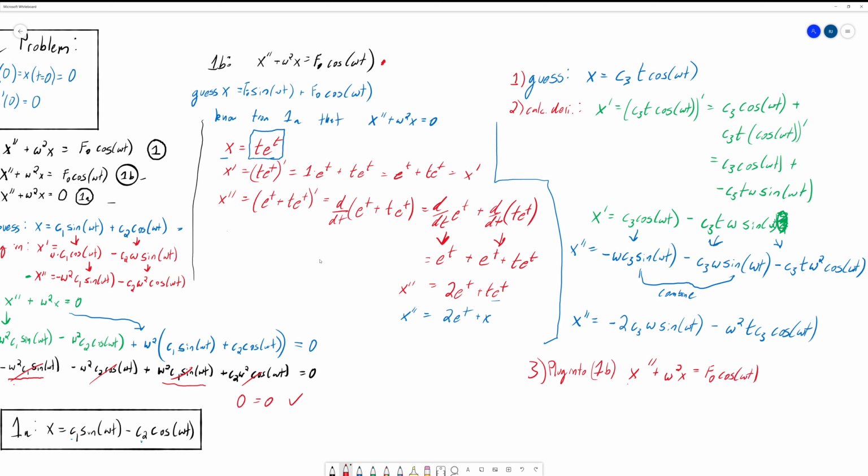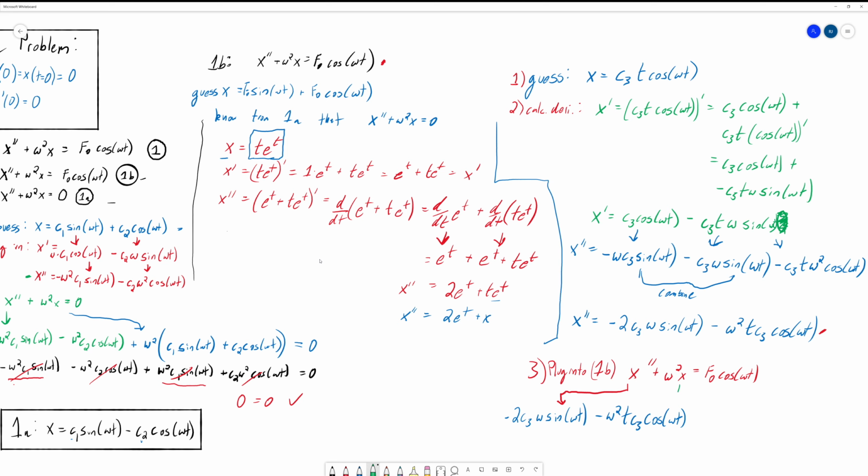And I'm going to copy from here, and change colors. It's going to be minus 2c3 omega sine of omega t minus omega squared t times our constant times cosine of omega t.